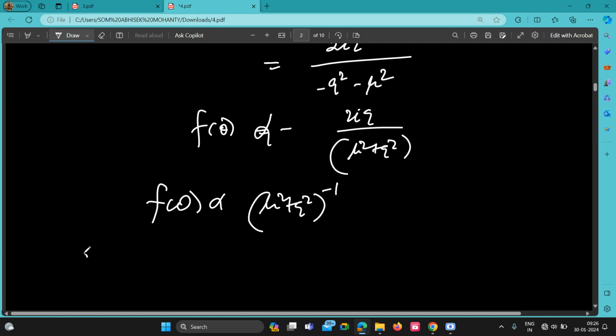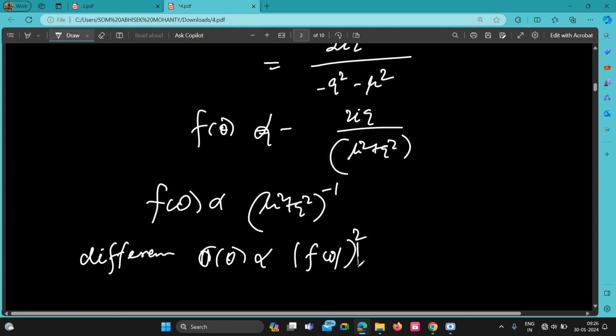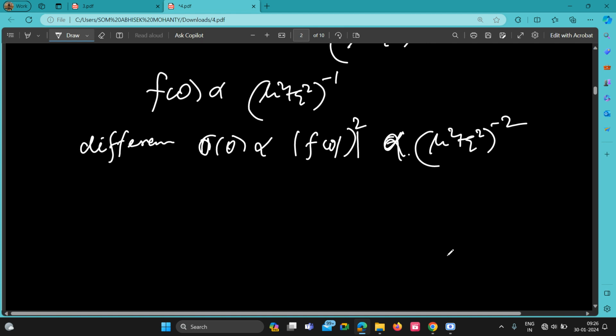So our differential cross section σ(θ) is proportional to |f(θ)|², so that will be (μ² plus q²) to the power minus 2, where we know q is proportional to sin(θ/2).